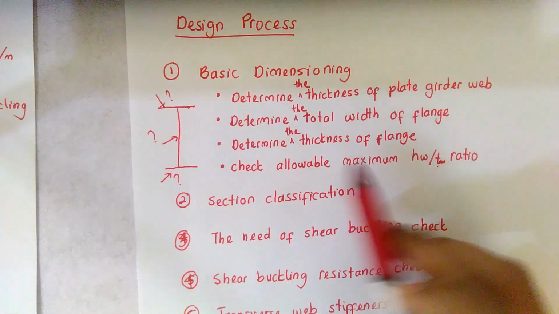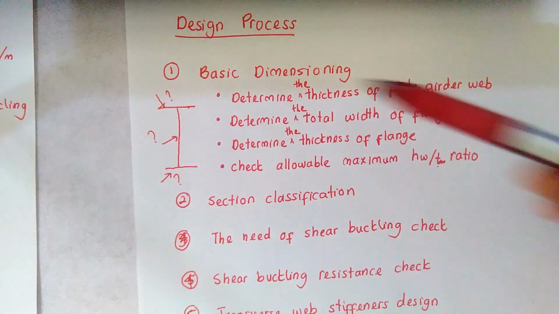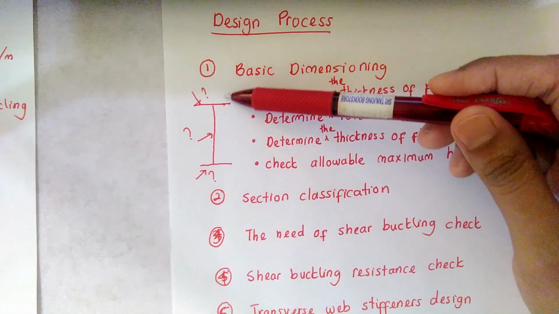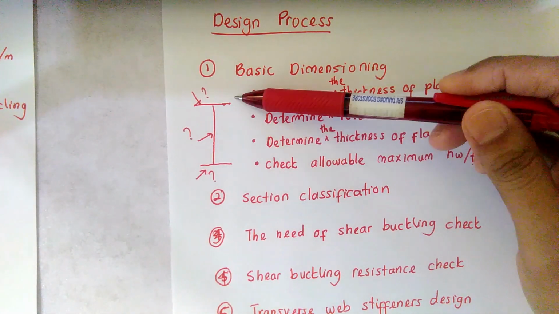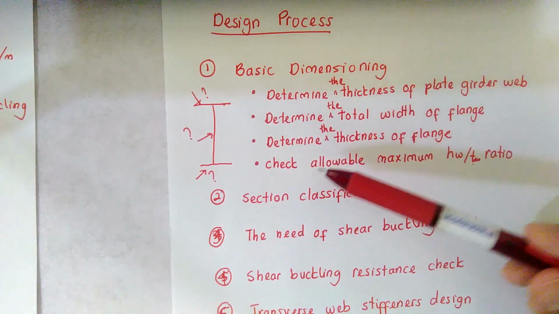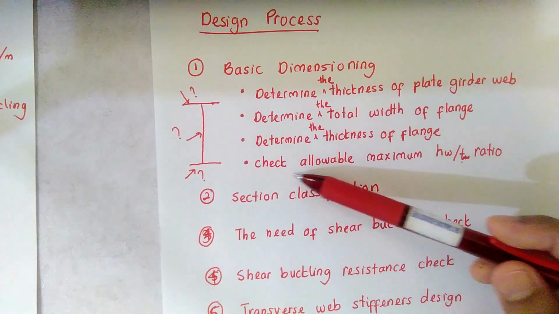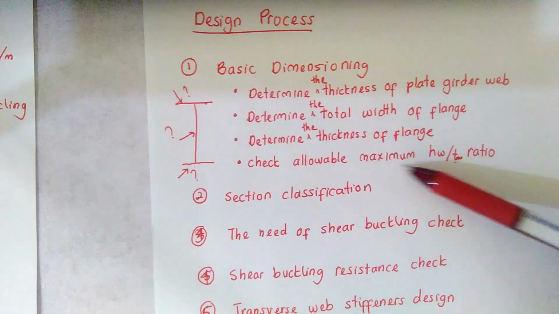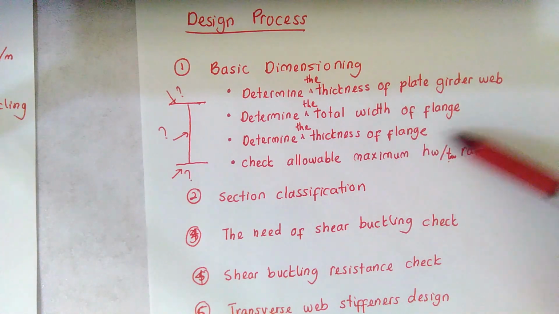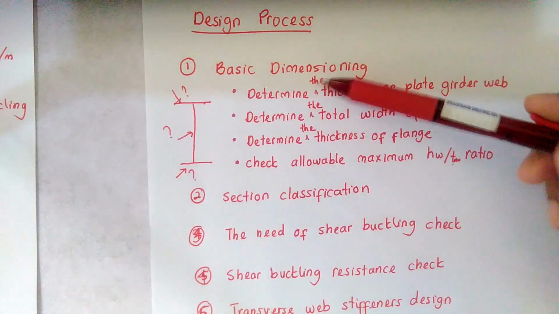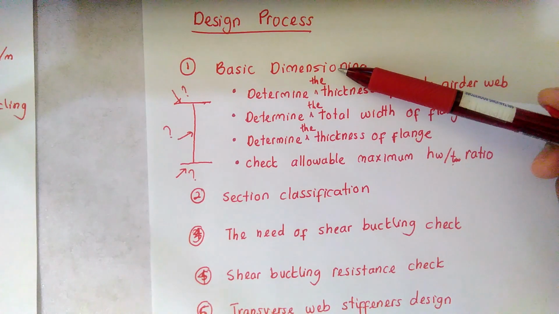You need to check the allowable maximum because you have to make sure that the size you propose for the two flanges and the web must be lesser than the allowable maximum hw/tw ratio. So that is what we call basic dimensioning.